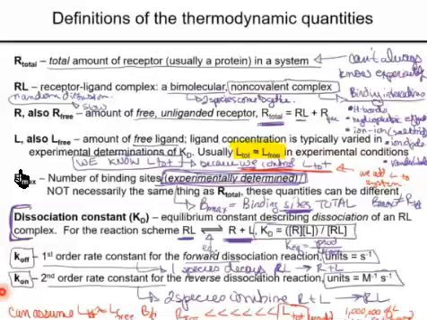In this case, K off is a first order rate constant. Why is it a first order rate constant? Because we have one species reacting, and that one species happens to be RL, the RL complex, and the RL complex decays to give us free receptor and free ligand. Because this is a first order reaction, our units are per second.